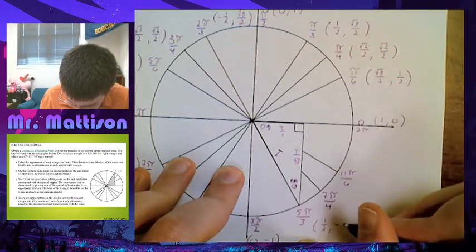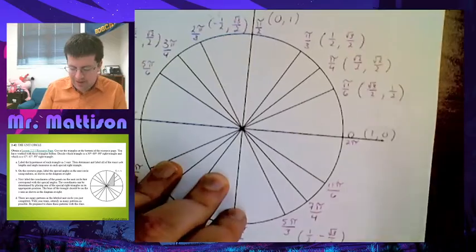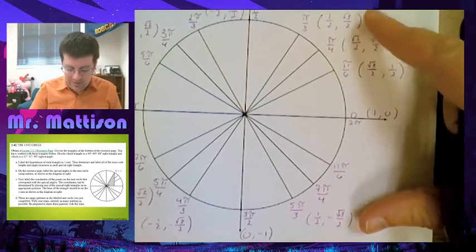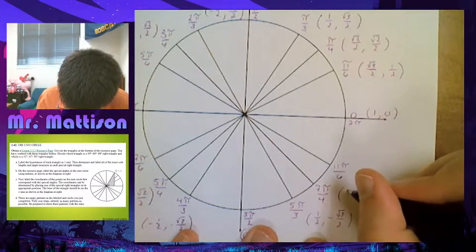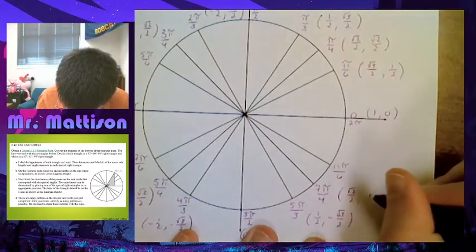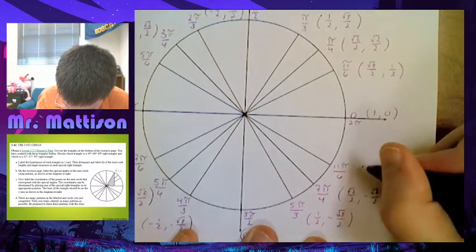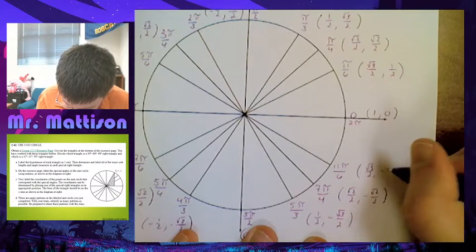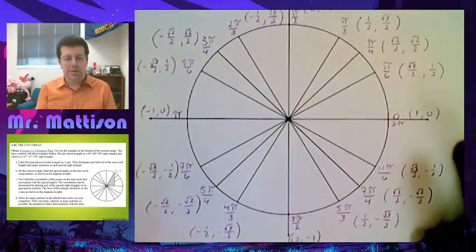My y is now negative rad 3 over 2. So I'm going to be getting the exact same thing as I had here, but now my y value is negative. So this one would be rad 2 over 2, negative rad 2 over 2. And then here, rad 3 over 2, negative 1/2. There's all of those points.